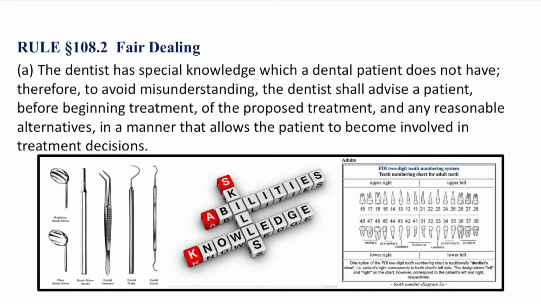So I'm trying to illustrate the close interaction from rule to rule and the overlap or dovetailing of concepts, in this case Rule 108.2 with respect to Rule 108.8 and Rule 108.7.